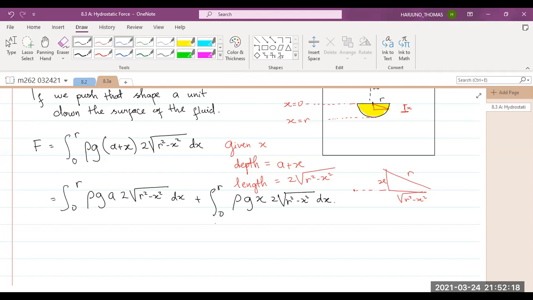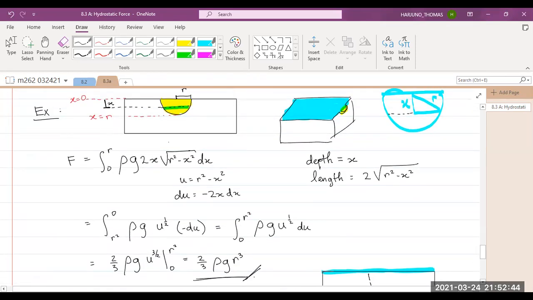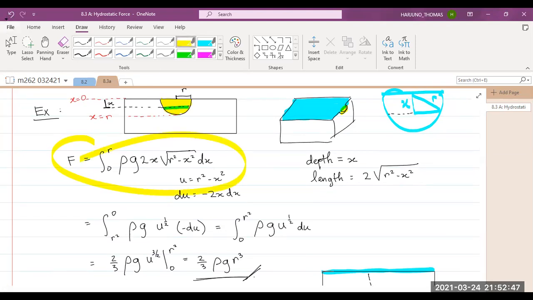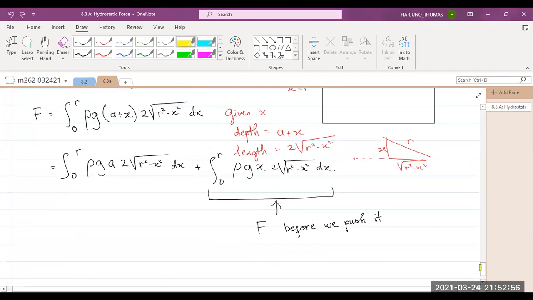Now, explanation. This second integral is the force before we sink it. That's what we have earlier, before we push that down. Do you see that? But how about the first one? What is this equal to?